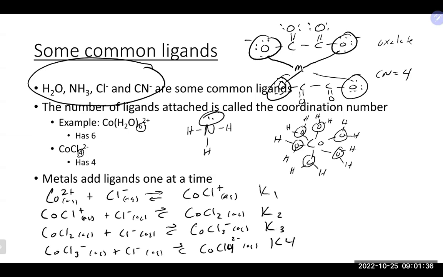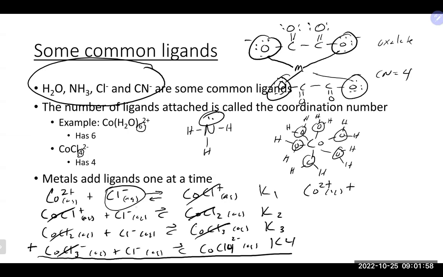Now, if I decided to add up all these steps together, this guy and this guy would cancel, this guy and this guy would cancel, this guy and this guy would cancel, and I am left with Co2+ plus 1, 2, 3, and 4 chlorides, basically making my guy down here, my CoCl4 2-.